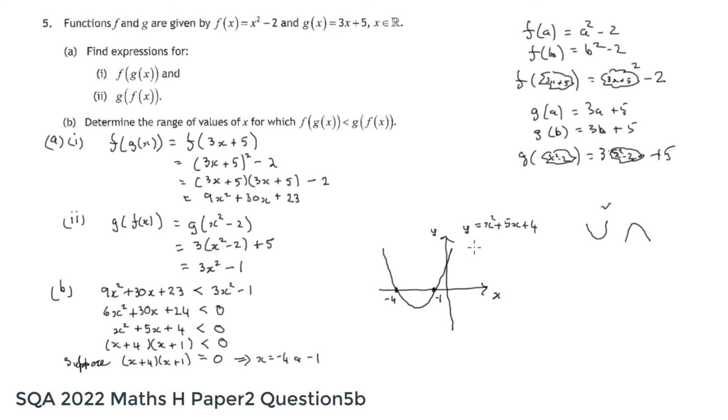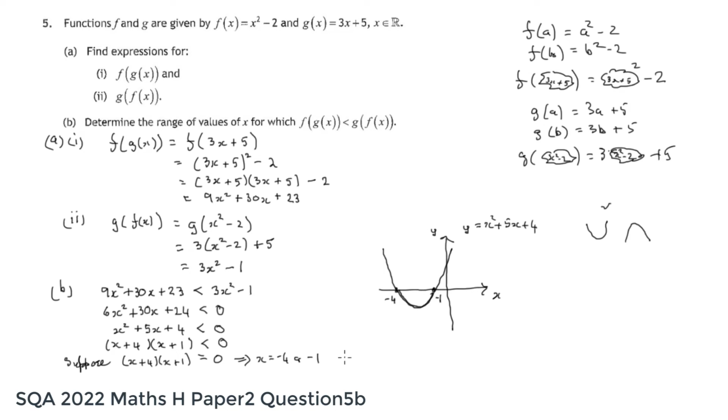When on this graph is y, that's the heights of the point, when are they less than 0? Well, that happens on the graph down here. All these points from negative 4 to negative 1 for x are below the x-axis and therefore negative.